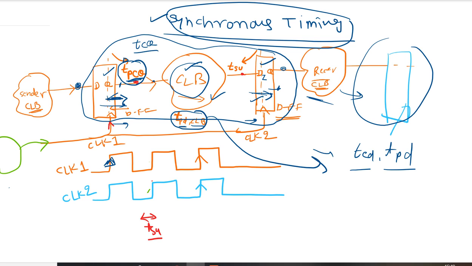And then this D flip-flop would be capturing this arrived data at the second rising edge. In order to capture this data effectively, the data must come at least T setup time before this rising edge.